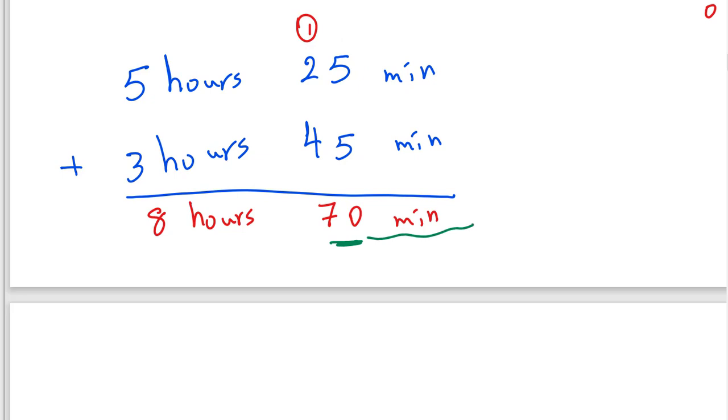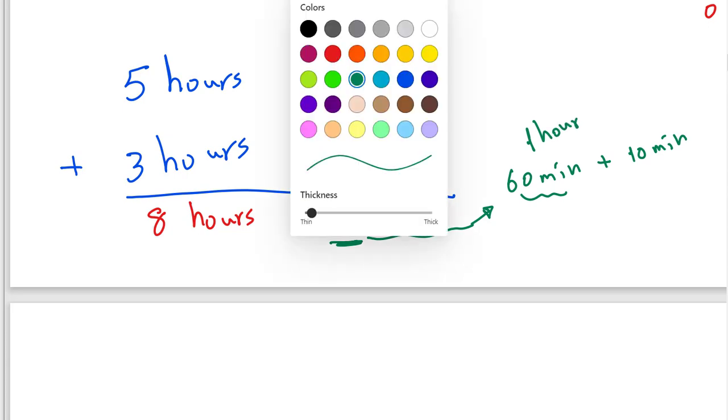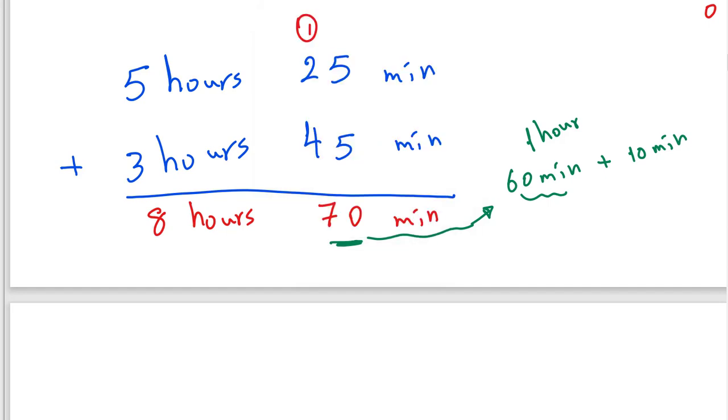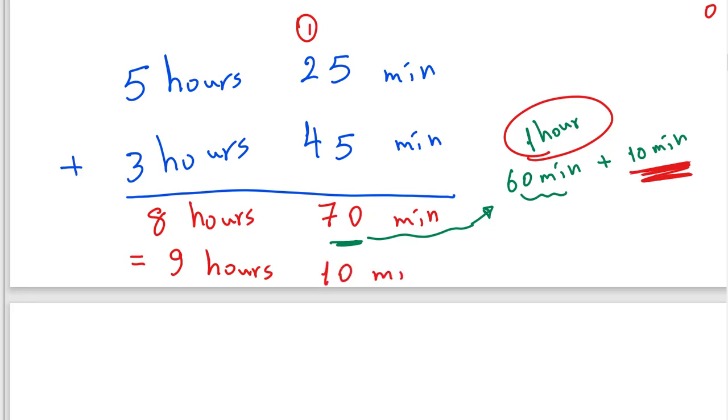This is 60 minutes, which is 1 hour, plus an extra 10 minutes. So I will write 60 minutes as 1 hour. And in this case, the number of hours will be 9 hours because we have 1 extra hour. And the remainder is 10 minutes. So 9 hours and 10 minutes.